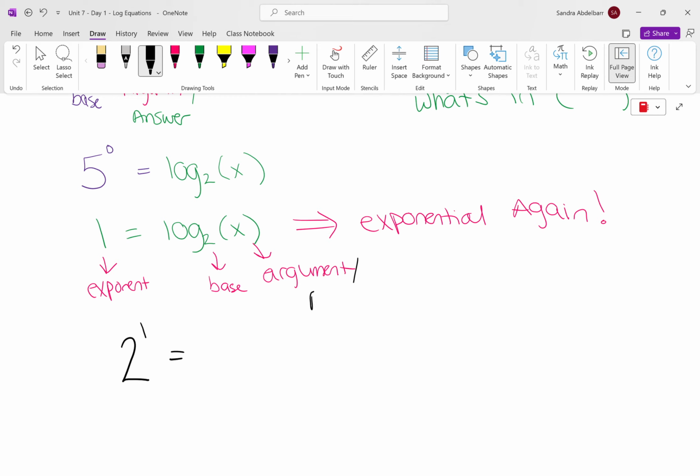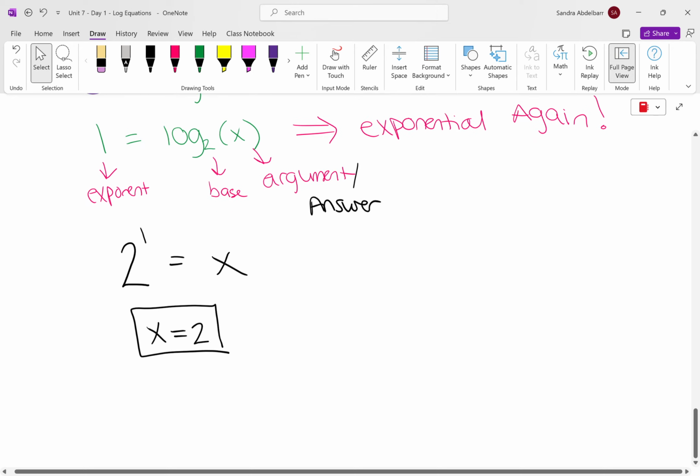All right, so what's my base here? 2. What's my exponent? And what should that equal? X. The argument, which is the answer. So that should equal x. What's 2 to the first power? 2. So x is equal to 2. We solved it. Let me give you another one.